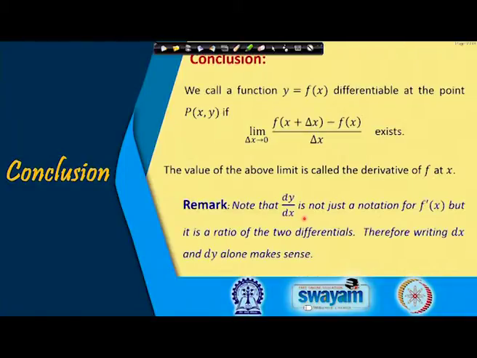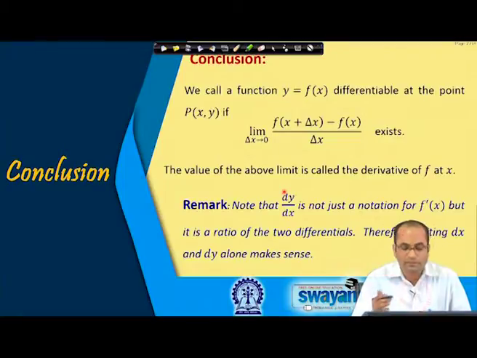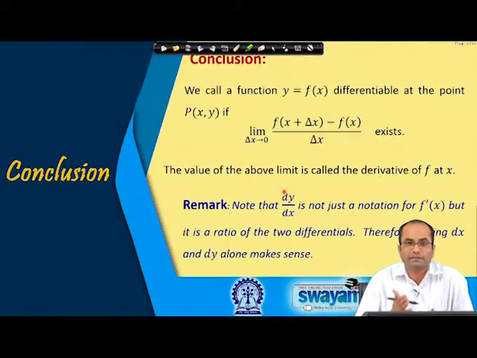So writing dy and dx separately makes sense, and we will use that in the next lecture, which will be on the differentiability of functions of two variables. It is very important that we first understood differentiability of a function of one variable, mainly these three concepts: having the derivative, then this linear expression, and also writing that the limit goes to 0 gives us differentiability.